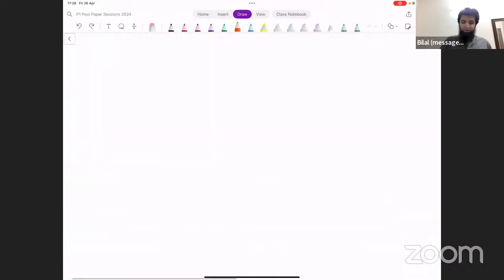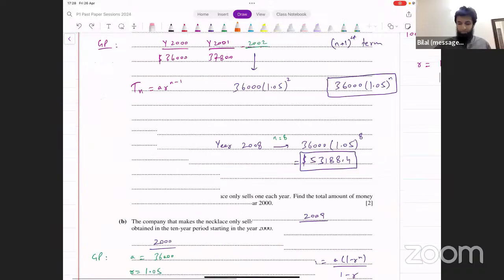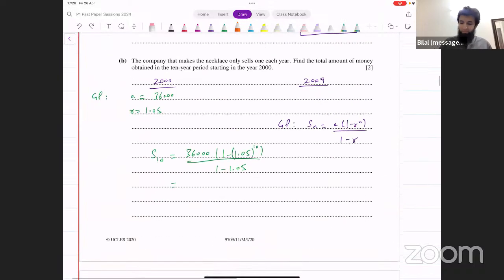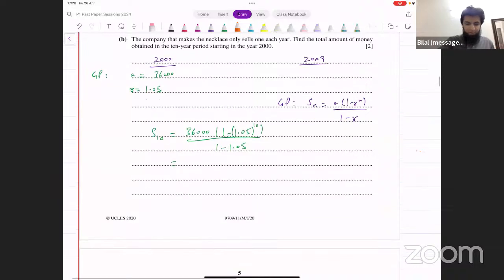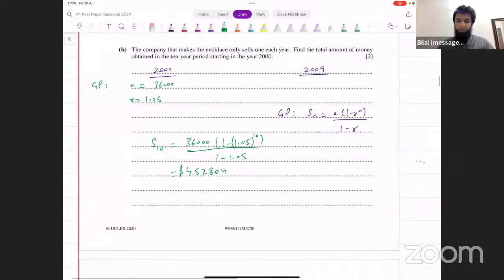Minus is outside. Okay. And then in the denominator, we have 1 minus 1.05. And that is giving me 4,528,004. That is the total amount of money obtained in this 10-year period starting in the year 2000. Okay, and that's what we were looking for.